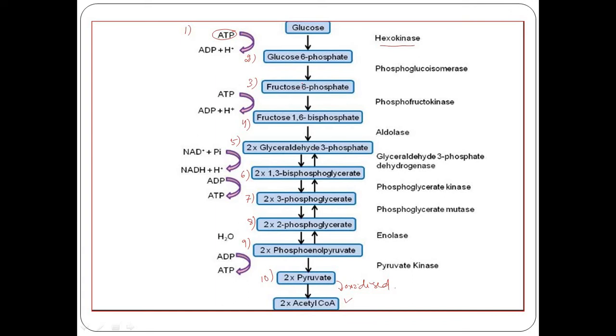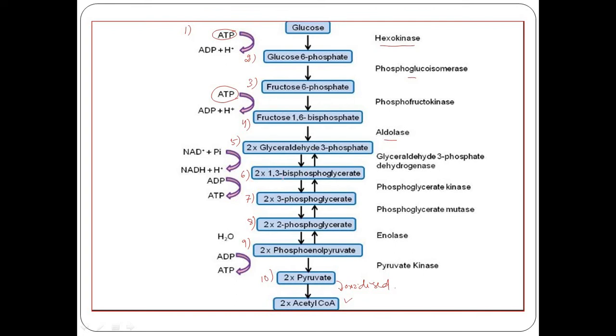In the third step, glucose 6-phosphate in the presence of the enzyme phosphoglucoisomerase forms fructose 6-phosphate. Again, fructose 6-phosphate consumes ATP, forms ADP plus hydrogen ion, and generates fructose 1,6-bisphosphate. In the fifth step, in the presence of aldolase enzyme, glyceraldehyde 3-phosphate forms.